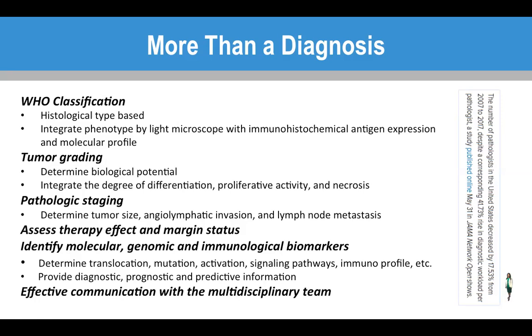After all this work is done, all our decisions are translated into a pathology report. So how do we communicate what we have in mind? Just clicking send to release the pathology report is not sufficient. We need very effective and clear communication with the multidisciplinary team.